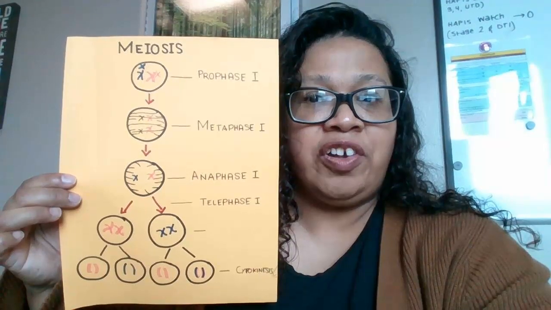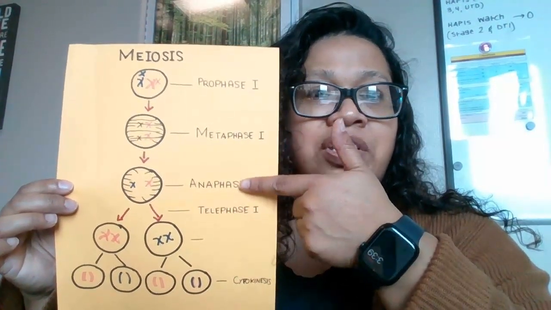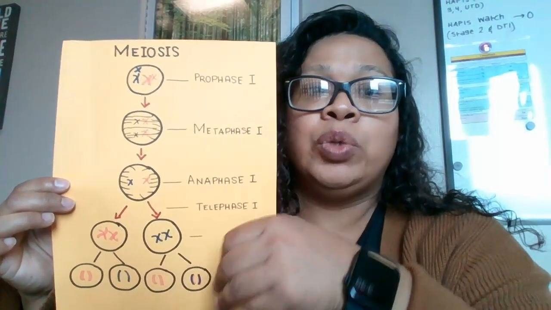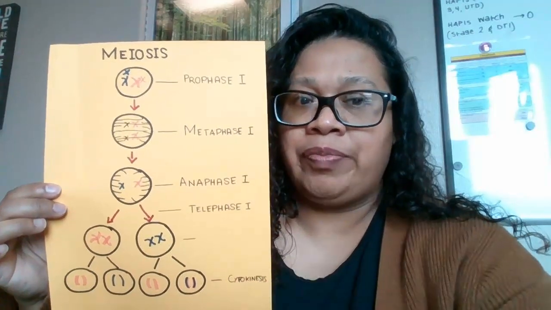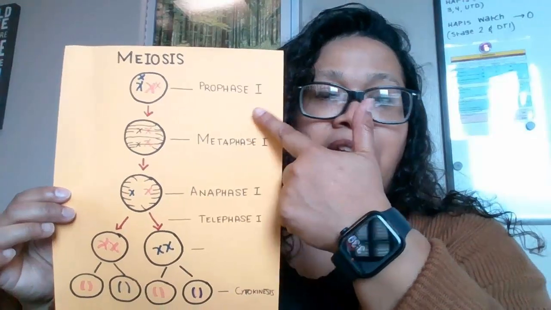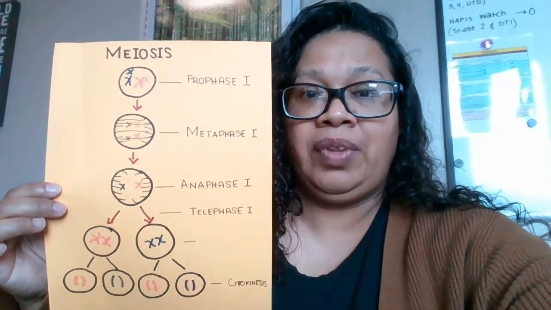Now we go through the stages of meiosis. Meiosis is also important for the formation of the reproductive cells, such as sperm and egg cells, and it involves a reduction in the number of chromosomes. The process begins where the chromosomes pair up together, and the process is known as crossing over.